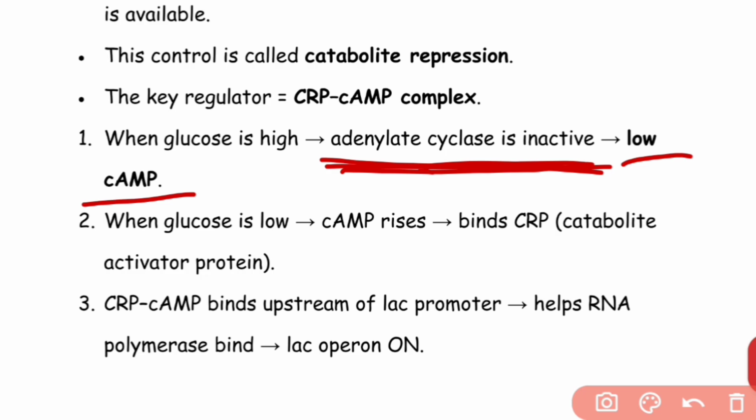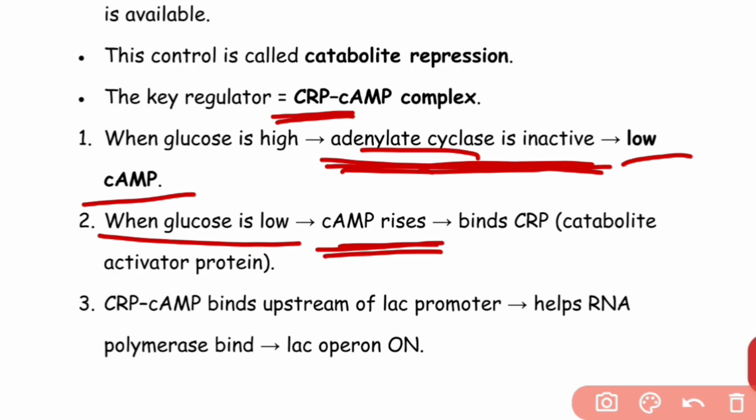When glucose is low, cAMP rises because the enzyme is now active, and this cAMP binds to CRP, the catabolite activator protein. Why is this binding important?